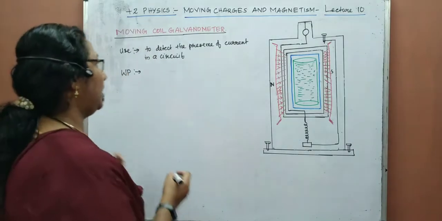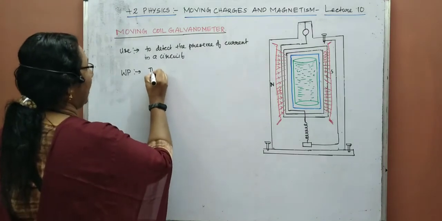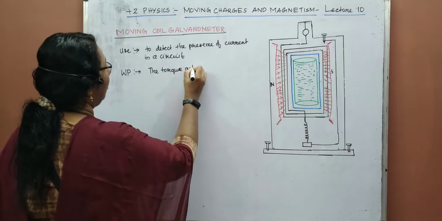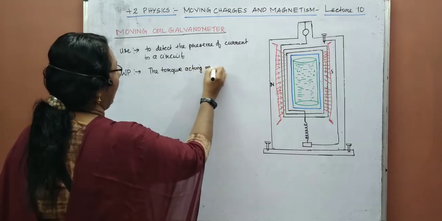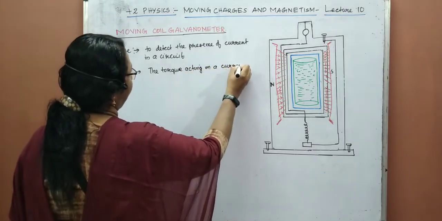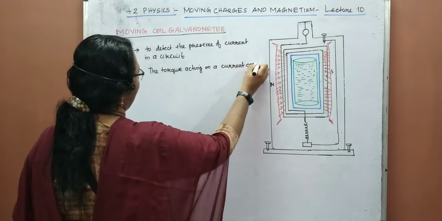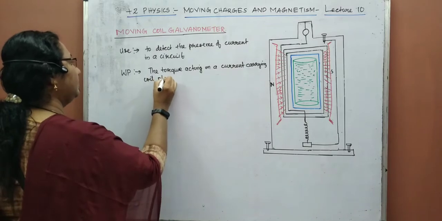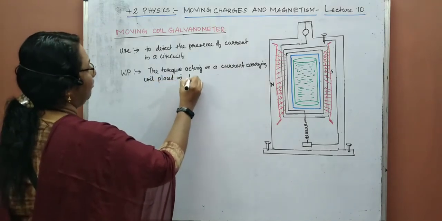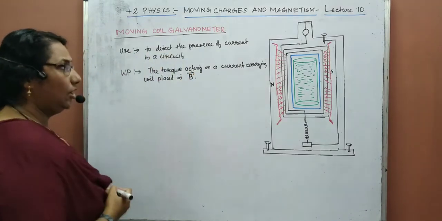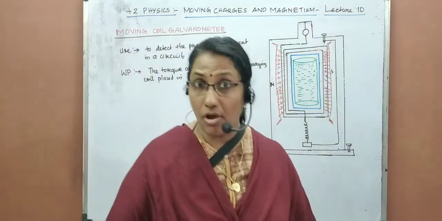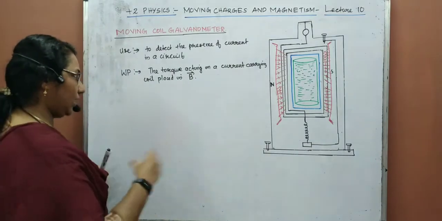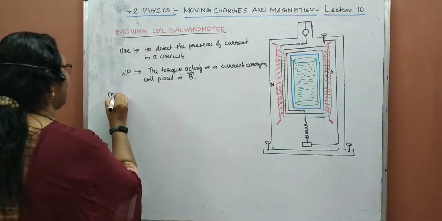A torque is experienced. So the working principle is the torque acting on a current carrying coil placed in a uniform magnetic field.